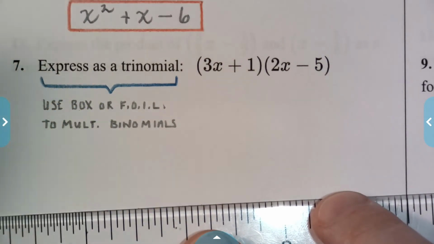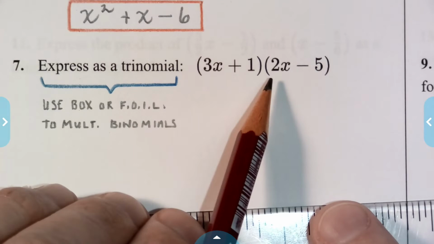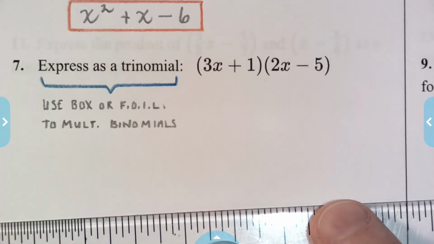All right, that's all it's saying, express as a trinomial. It just wants us to multiply these binomials, okay?